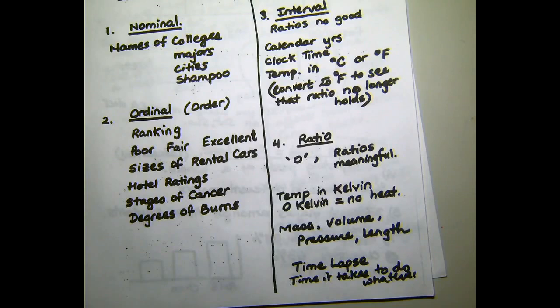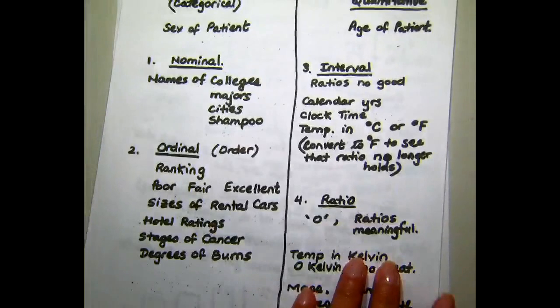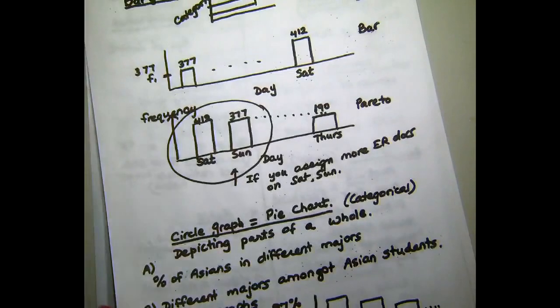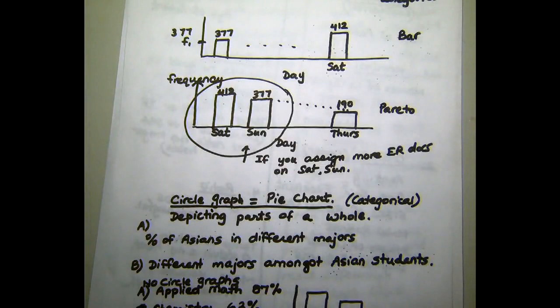Okay, next page. Bar graphs. Bar graphs can be horizontal or vertical, and they're only used for categorical data. You hear me? You cannot use them for quantitative data. Bar graphs are only used for categories.